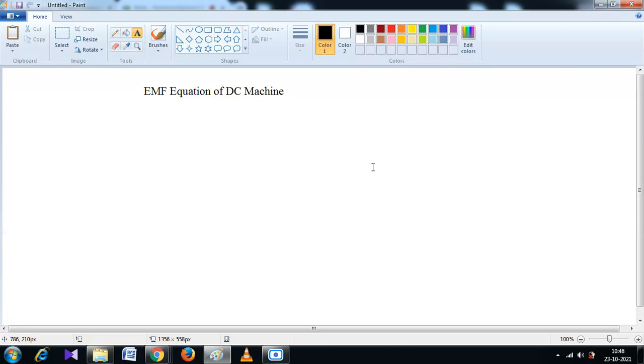What is flux linkage? The multiplication of number of turns and flux is called flux linkage. Is it clear how we produce an EMF on a conductor?